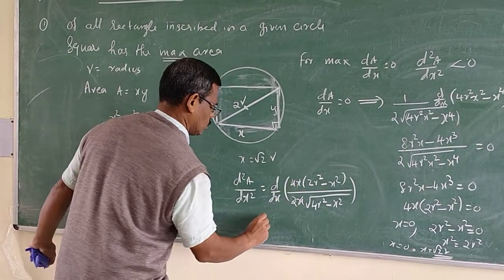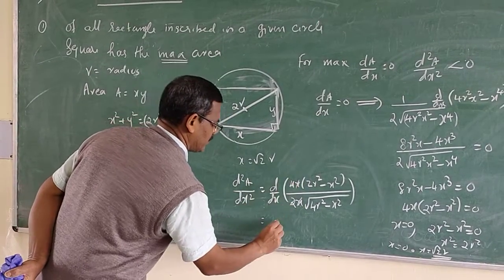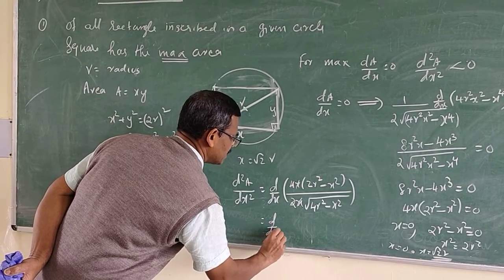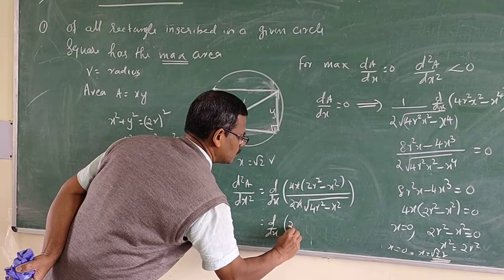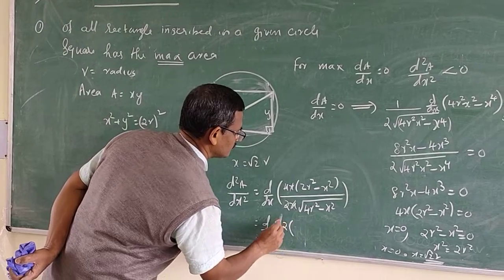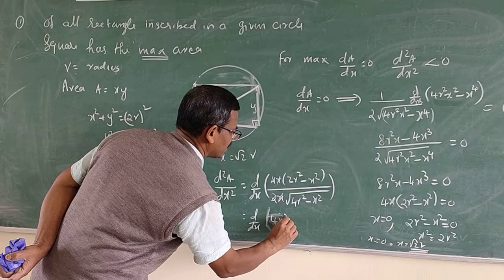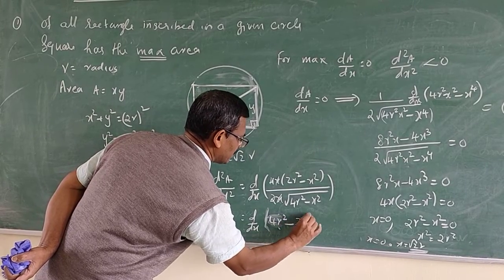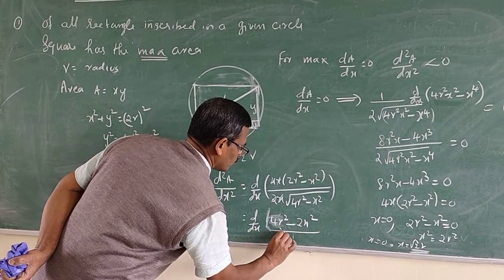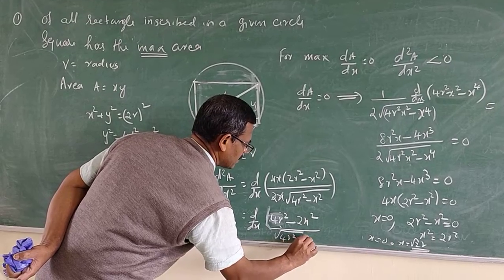So you need to find the derivative of which expression? 2 into (4r² − 2x²) divided by root of 4r² − x².